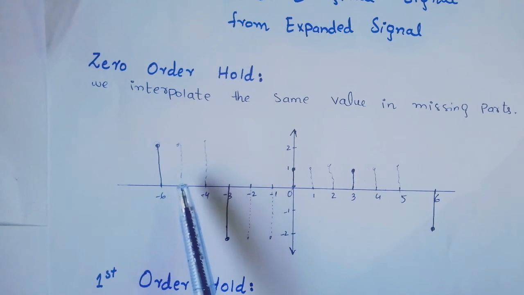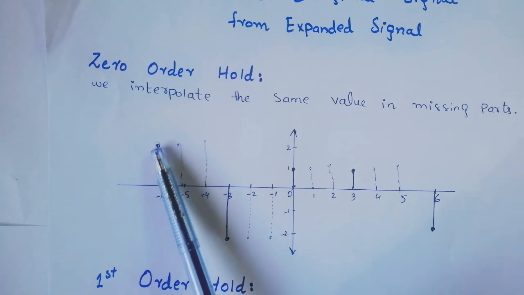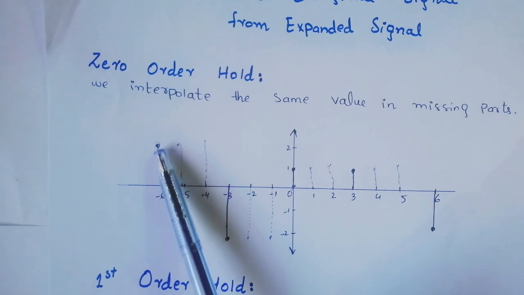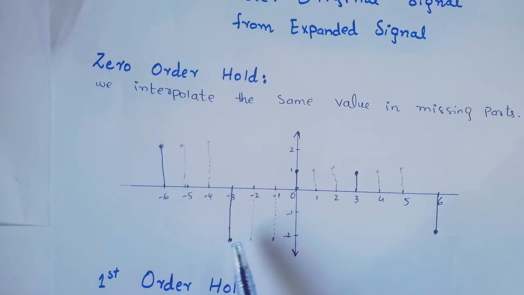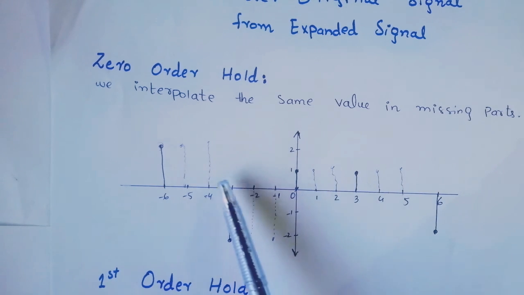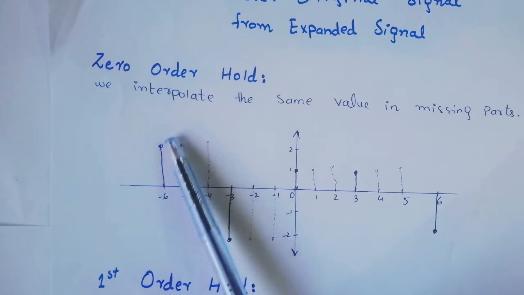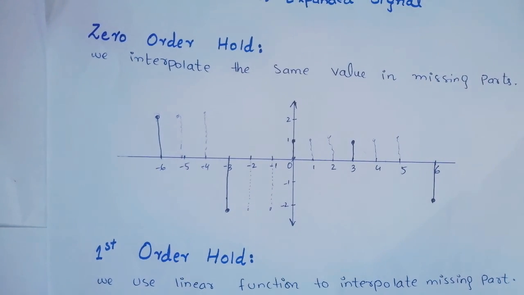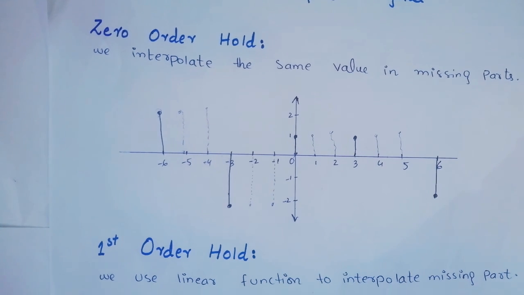That is, if at minus 6 there is positive 2, we'll assume that at minus 4 and minus 5 there is positive 2. Meanwhile at minus 2 and minus 1 there will be negative 2. Same as here, we assume that missing parts carry the value of given parts. But this is not an efficient method. It doesn't recover the original signal at all.